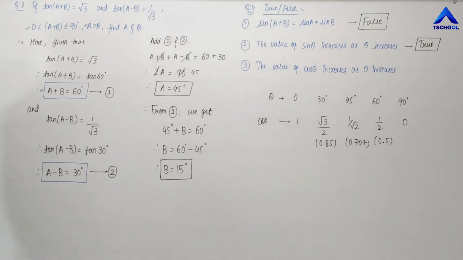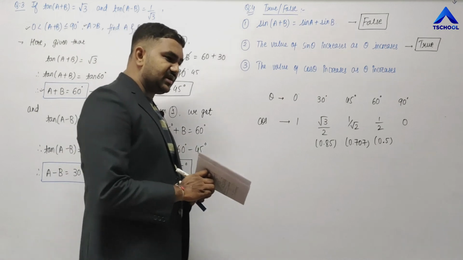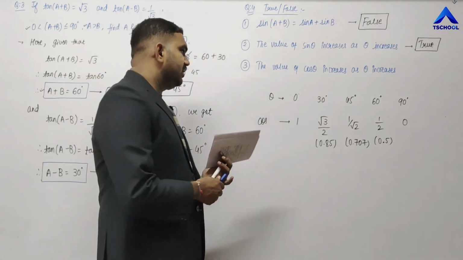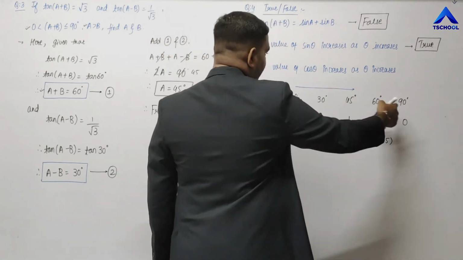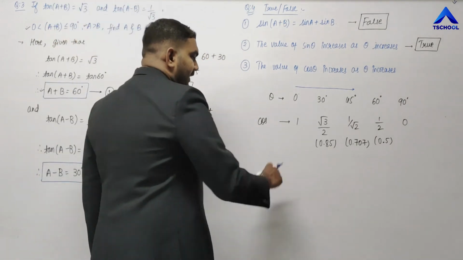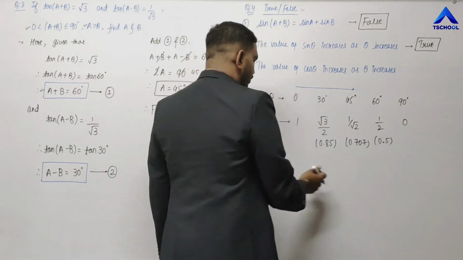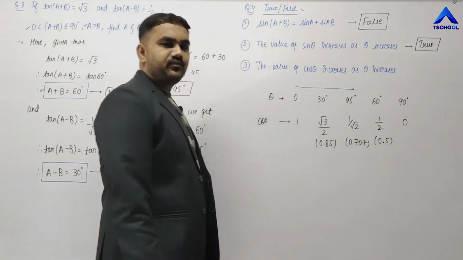So you can clearly see the difference that I have explained in the previous question and that I have written here in this question. As the value of theta increases, the value of cos theta decreases from 1 to 0. Cos 0 was 1 and cos 90 degree has become 0.